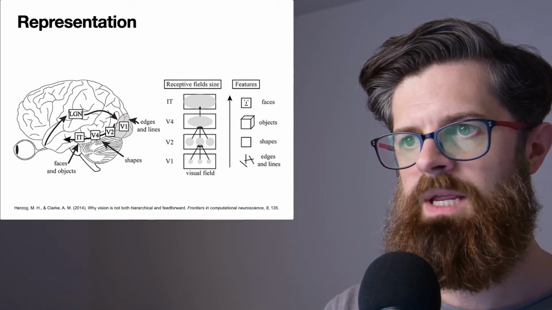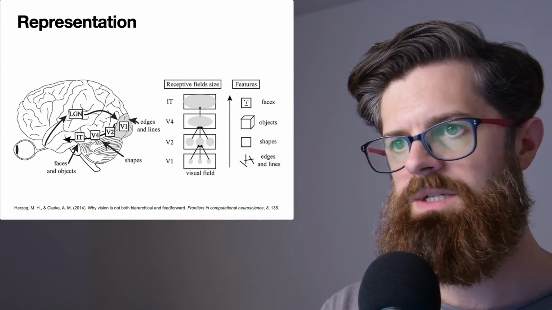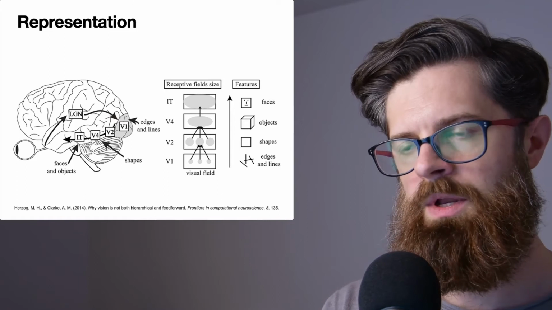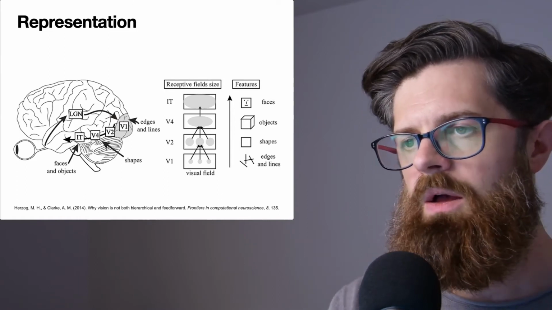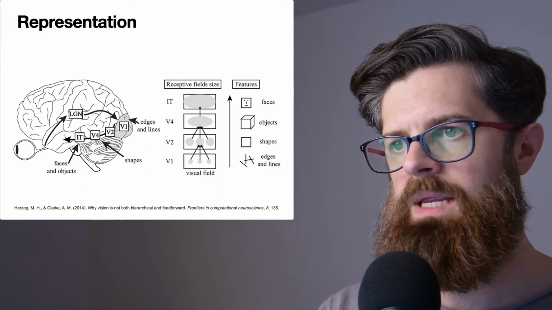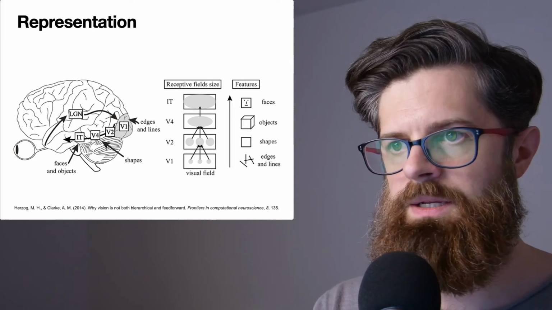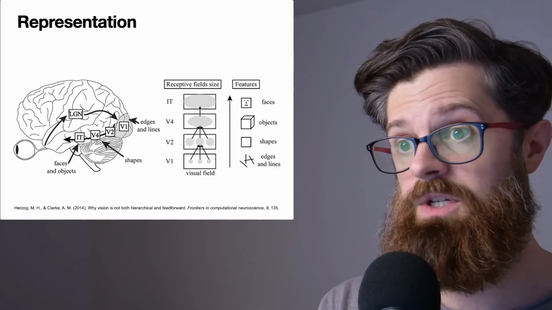We have neurons here which are sensitive to edges, points, contrast, and so on. So you could say the external visual world is represented by a conglomeration of edges and lines at early points in the visual system.